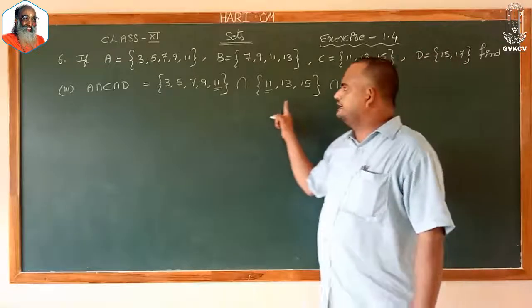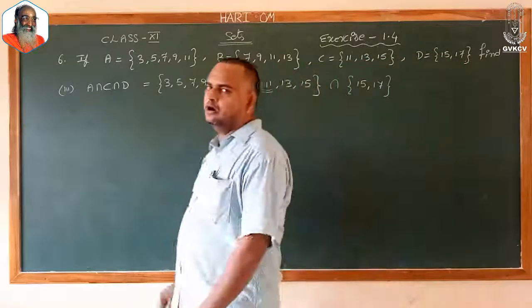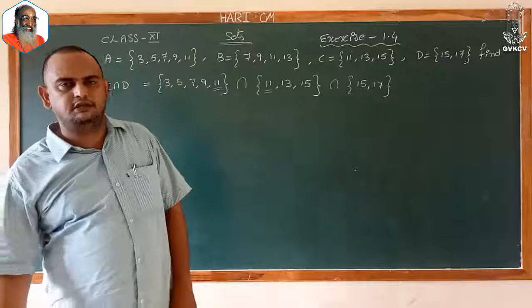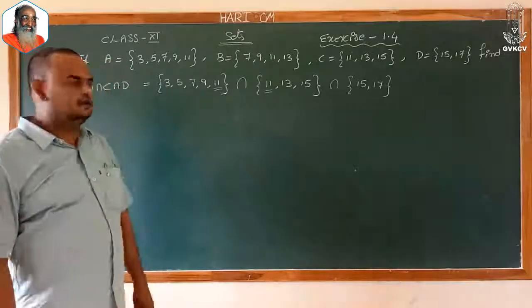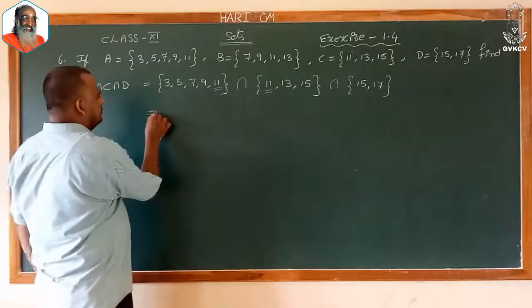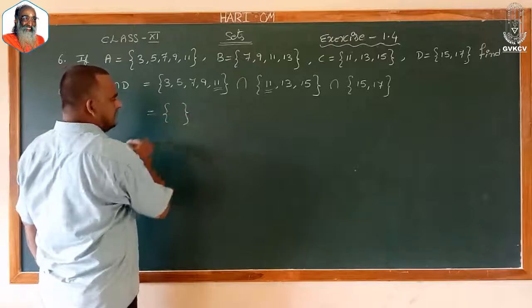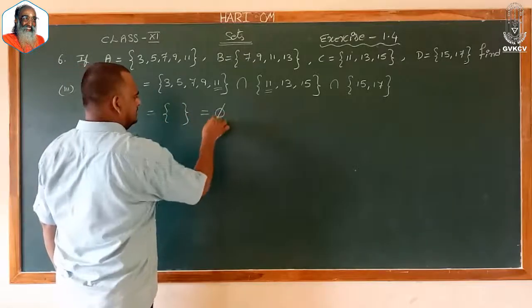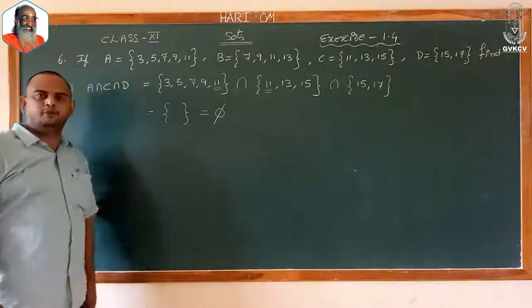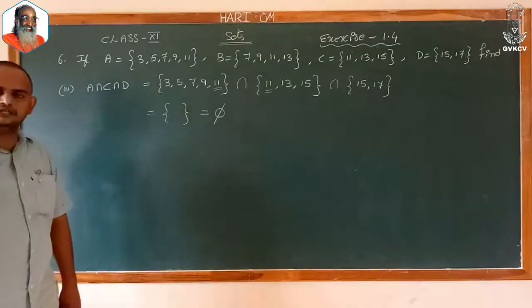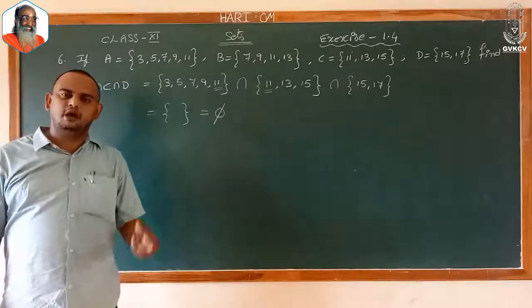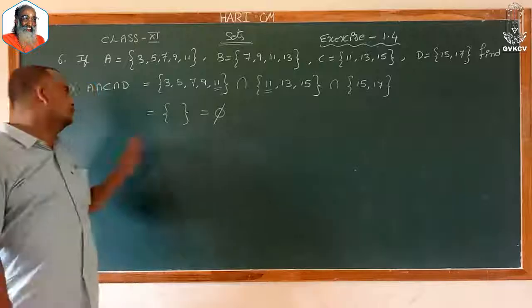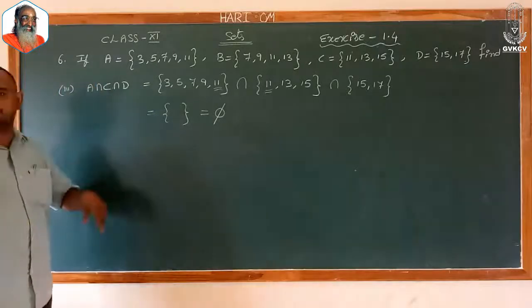So I am not finding any common element among all these 3 sets. If there is no common element, our answer is the empty set, which is nothing but phi. This is about problem number 3.